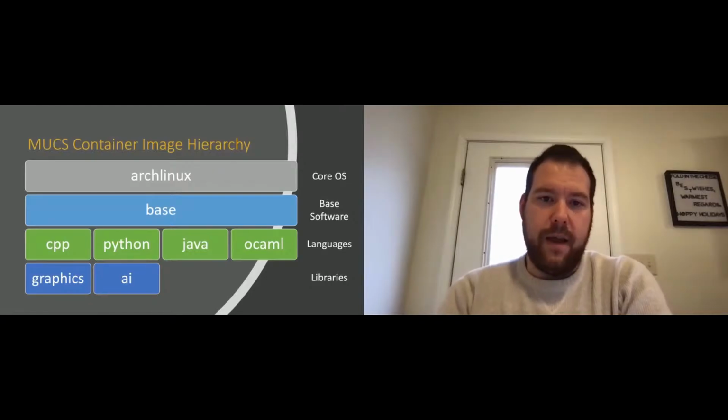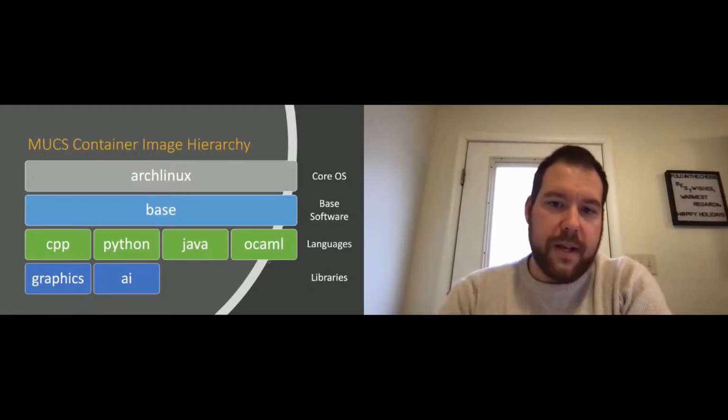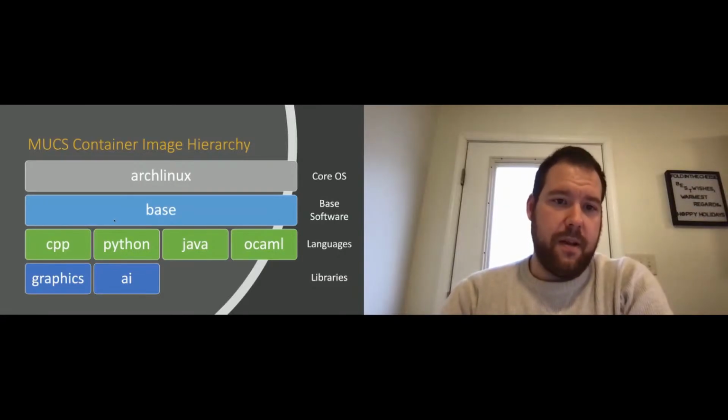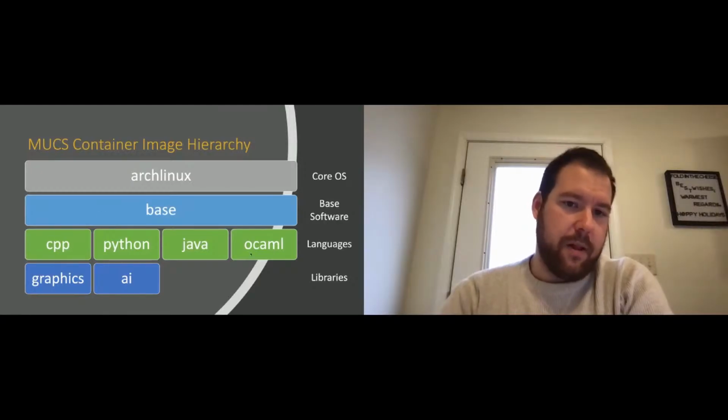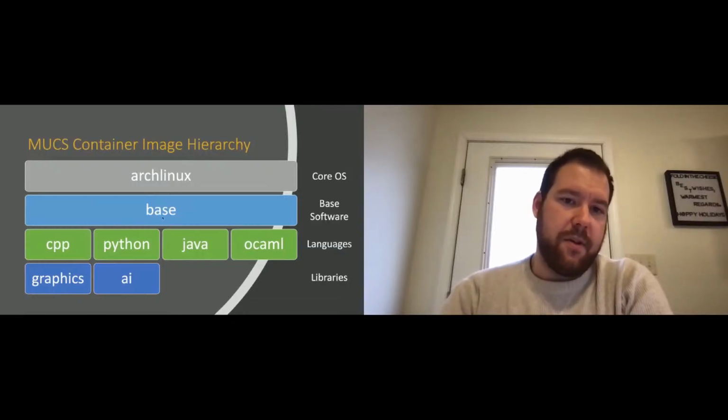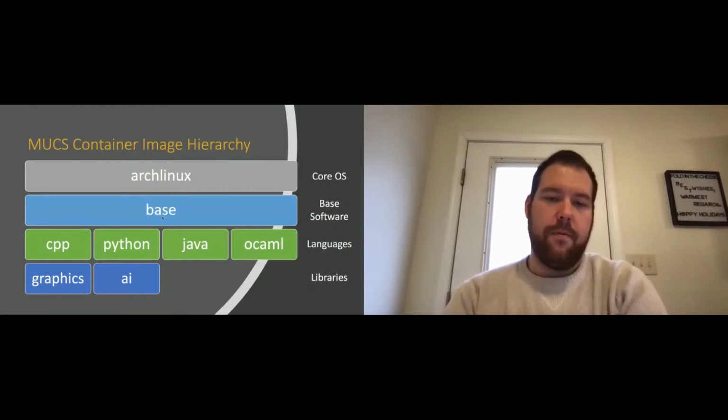What's nice is that for each one of these languages, we're only installing the packages that are necessary for development with that language. So if a student is taking a course that uses C++ and then a course that also uses OCaml, they both use the same base. So they don't need two separate, big files.